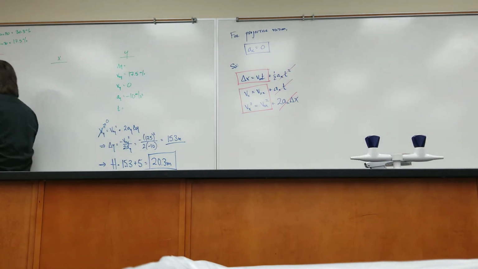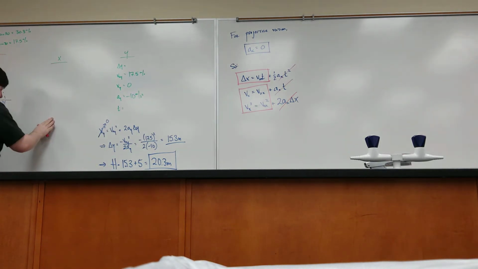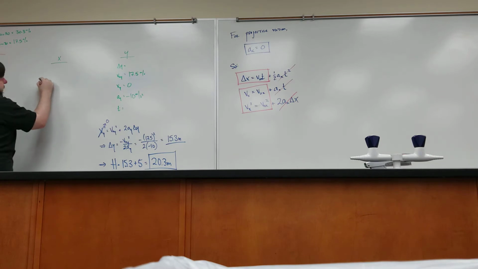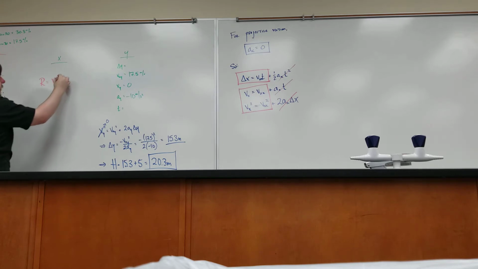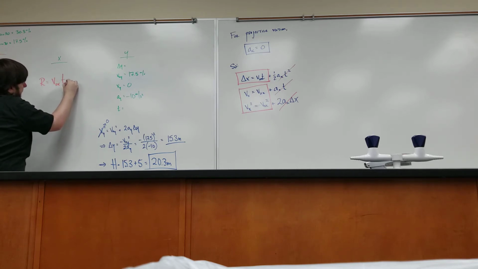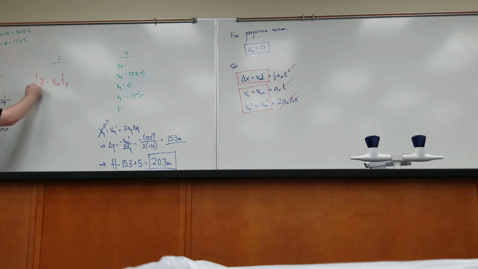Okay? Basically, the x-axis is always going to reduce to the equation the range equals the initial velocity in the x direction multiplied by the time of flight. Okay, this is the important equation in the x direction.